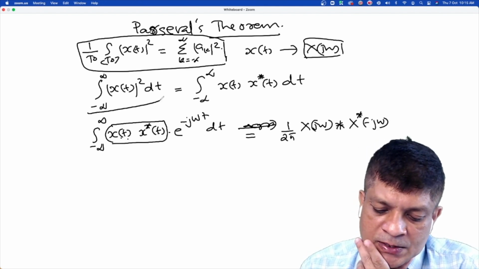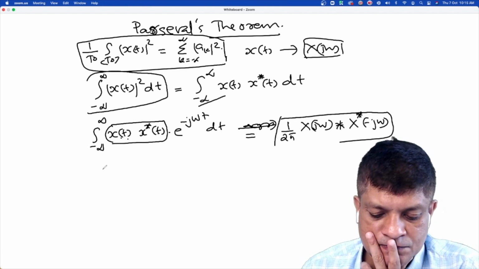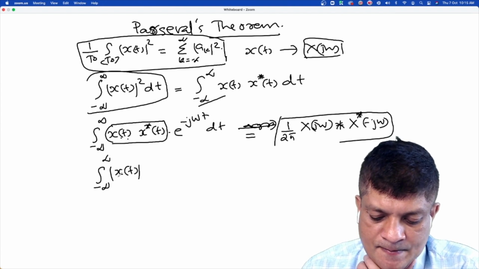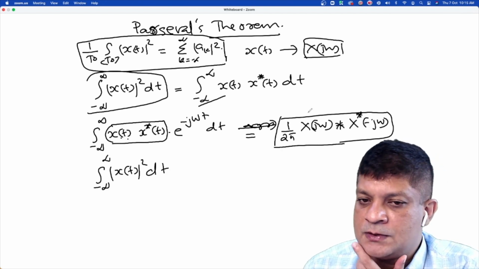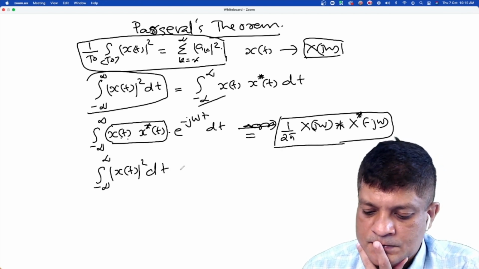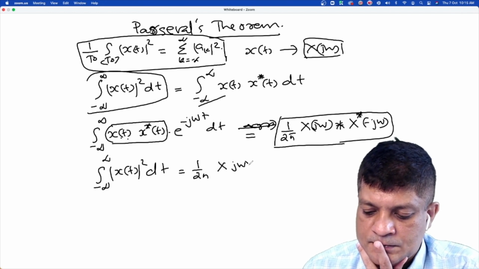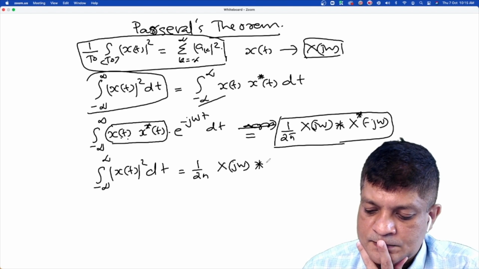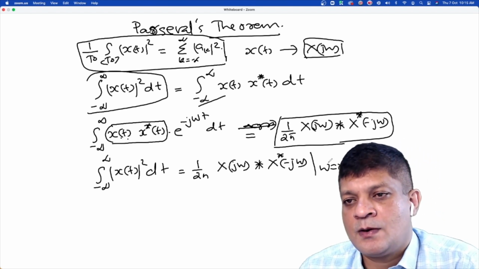Now we want to find the energy of the signal. Tell me, how is it related to this? Is it somehow related to this at ω = 0?